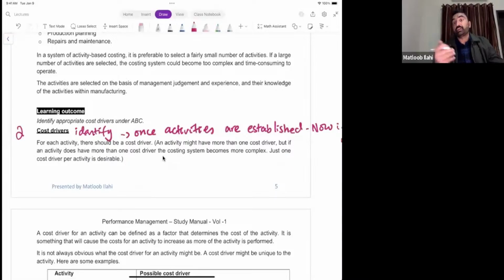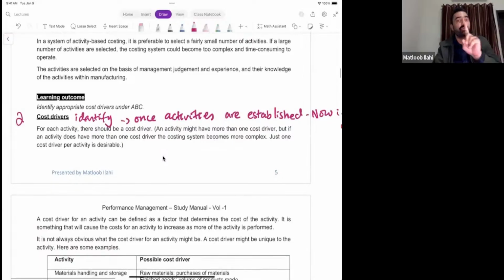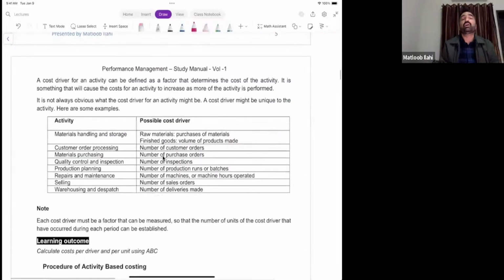An activity might have more than one cost driver, but if an activity does have more than one cost driver, the costing system becomes complex. So what we have to do is keep just one cost driver per activity, one driver for each activity. A cost driver for an activity can be defined as a factor that determines the cost of the activity.